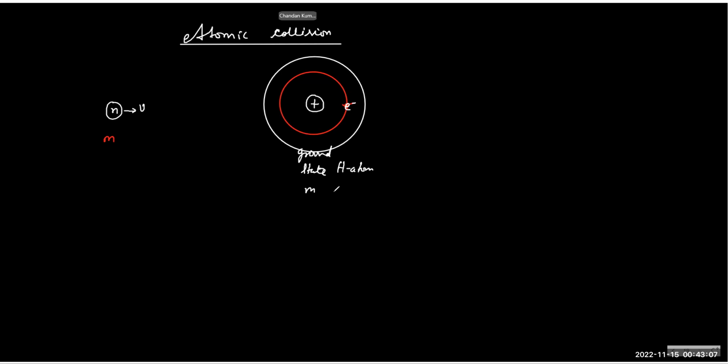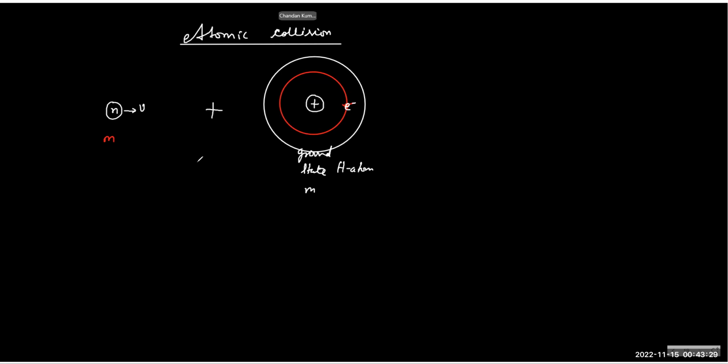So if this M is going to hit this M, what is the energy that can be used by the electron to get excited or to go through a transition? Which energy can we use? First of all, what is the energy of the system?